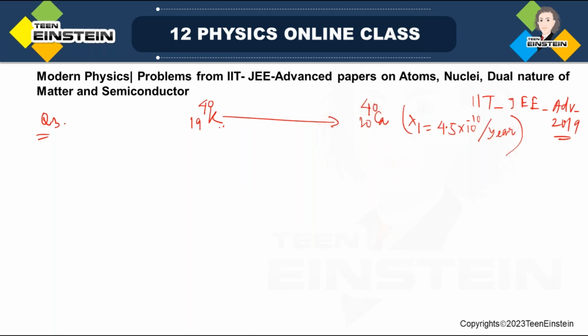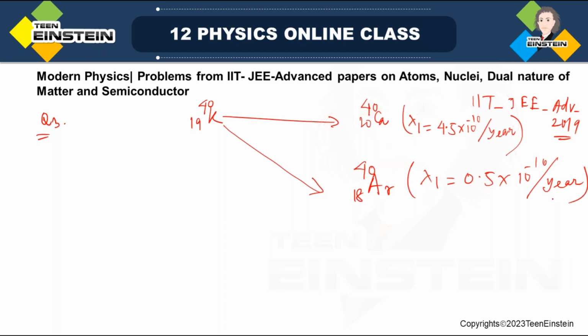What is the other path of decay? It goes to stable argon also, with decay constant 0.5 into 10 to the power minus 10 per year. This is another decay constant.